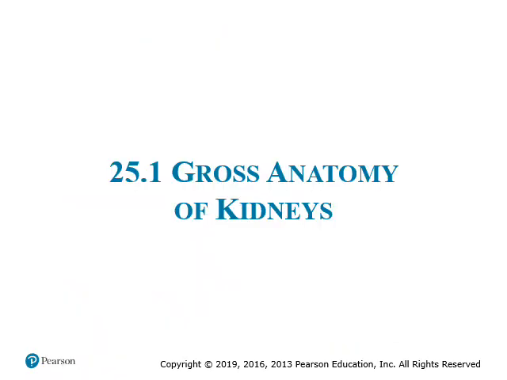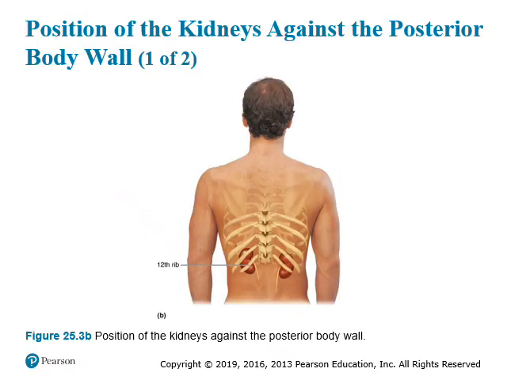Okay, we're going to start with the gross anatomy of the kidneys for this particular video. And let's take a look at the location of the kidney. Kidneys are retroperitoneal, and you could see it from this picture right here. They are located in the superior lumbar region, which is located between T3.